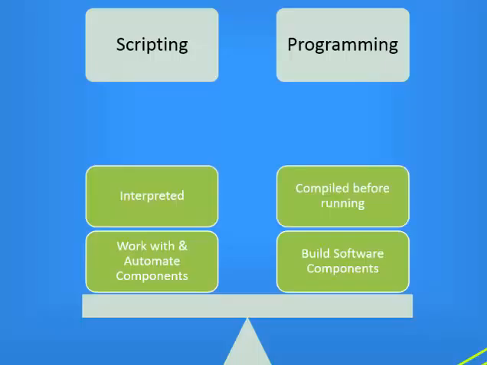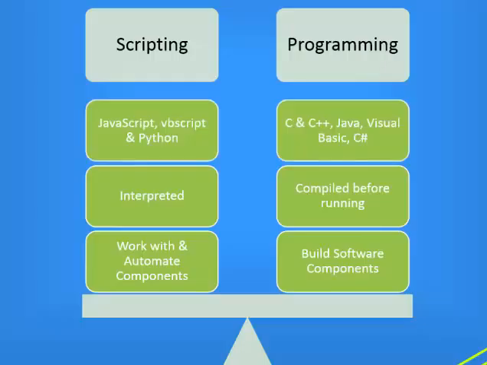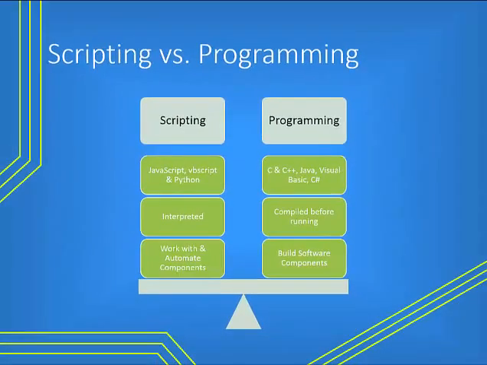Programming languages are typically compiled before running, which is a conversion of the code itself into bytecode, whereas scripting languages are interpreted and converted to bytecode at runtime. There are other differences outside the realm of this class that can be found by a simple Google search of the differences between compiled and interpreted computer languages.